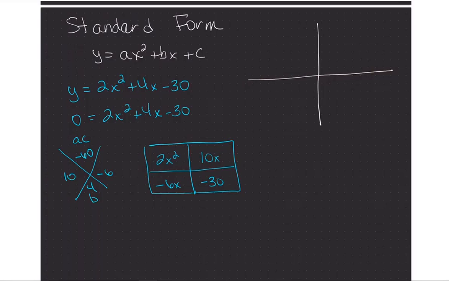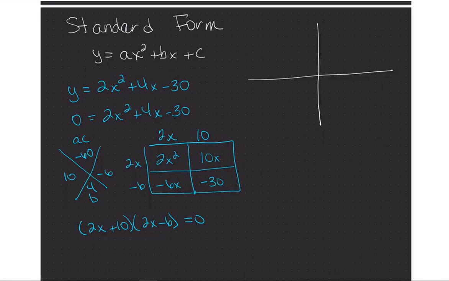Factor out our like terms. So we get 2x, 10, 2x and negative 6. So that factored into 2x plus 10, 2x minus 6, that equals 0.